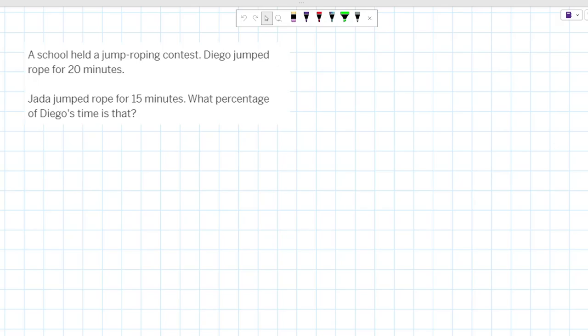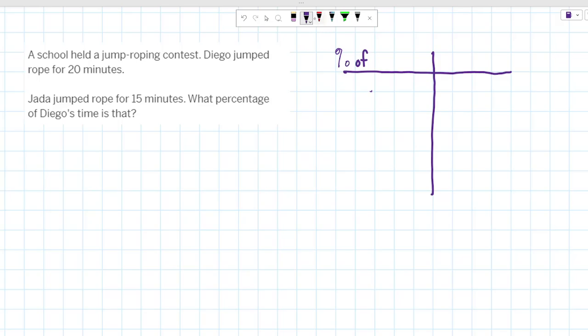So I would copy this table down on your whiteboard or on your paper. I'm going to make a table, and I'm going to keep track of the percentage of Diego's time. So that's my percent symbol. Let me make it clearer. Maybe I'll make my pen a little smaller.